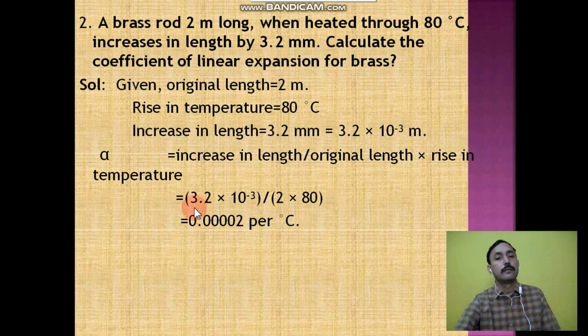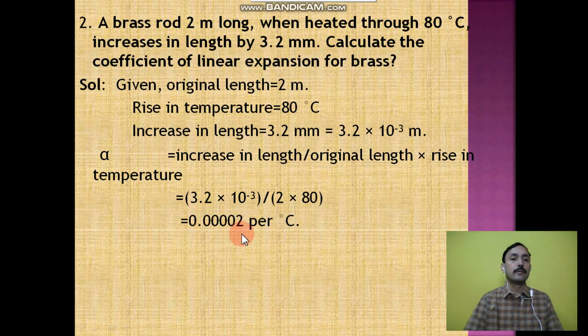So we can write 3.2 times 10 to the power minus 3 by 2, the original length, into delta T, that means 80. So it becomes 0.402 per degree centigrade.